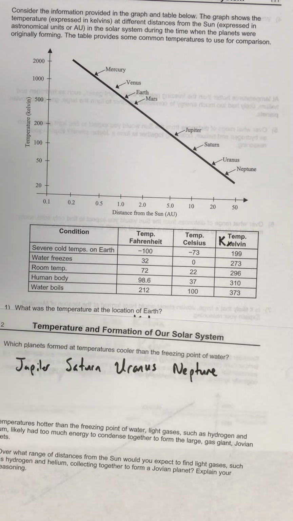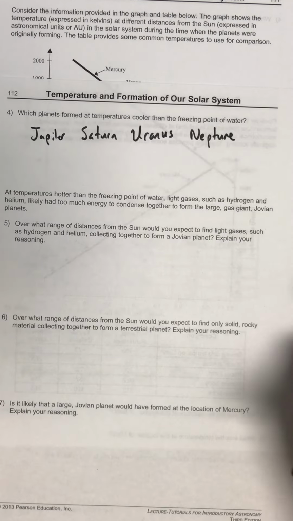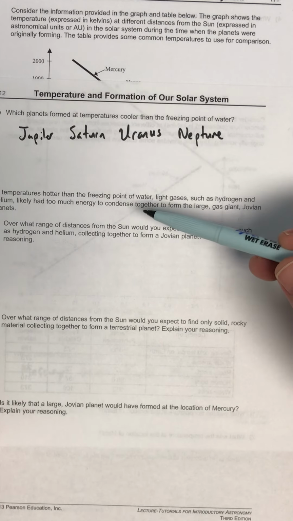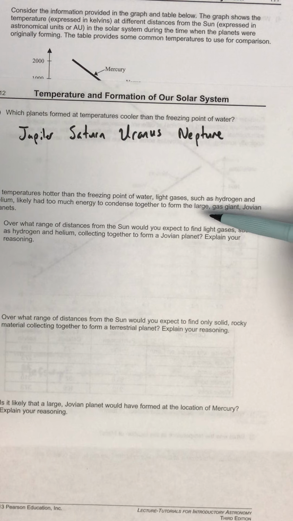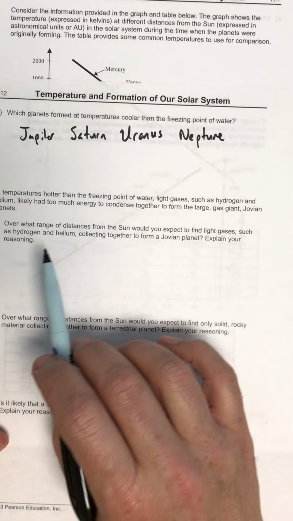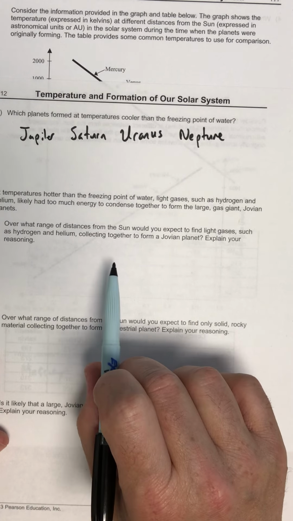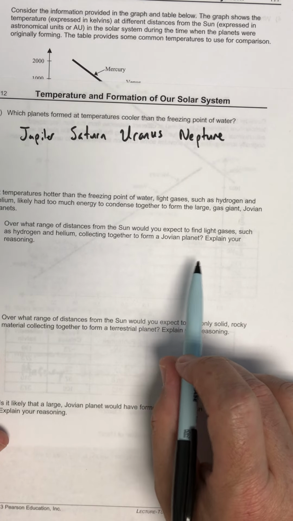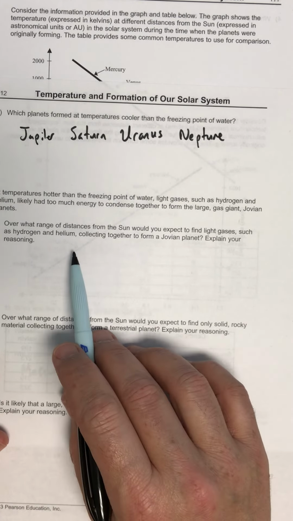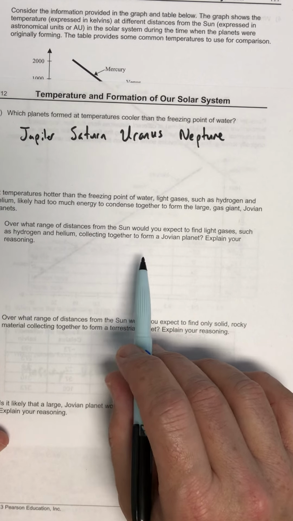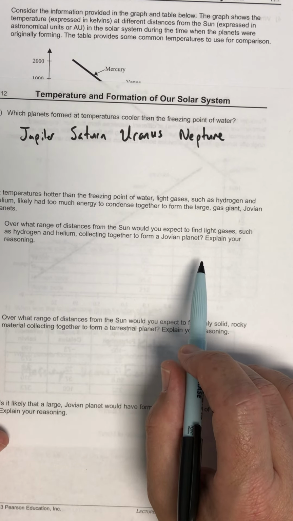All right, at temperatures hotter than the freezing point of water, light gases such as hydrogen and helium likely had too much energy to condense together to form the large gas giant Jovian planets. So over what range of distances from the sun would you expect to find light gases such as hydrogen and helium collecting together to form a Jovian planet?